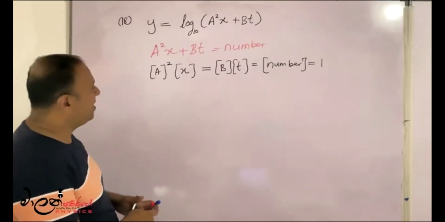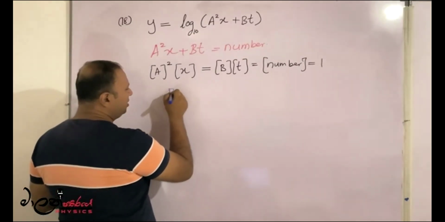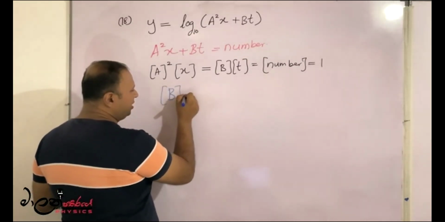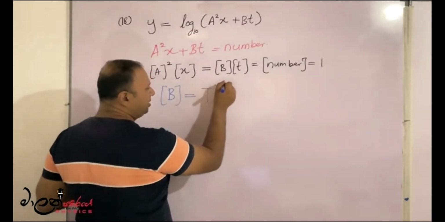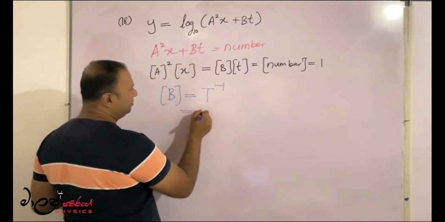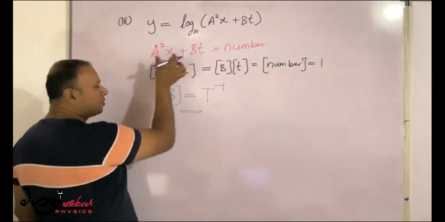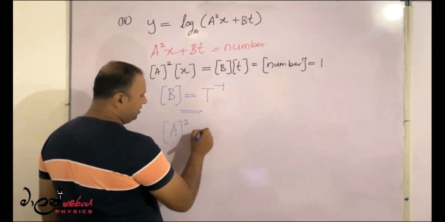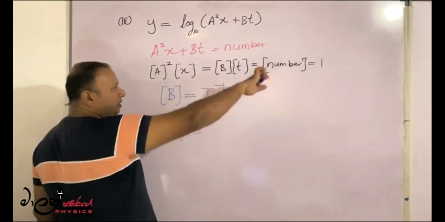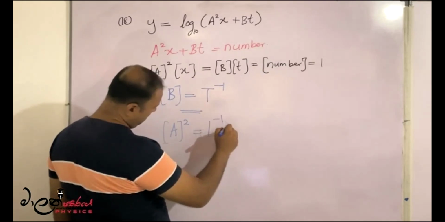Therefore, it is very clear that the dimension of B is equal to T to the power minus 1. Then the dimension of A squared is equal to L to the power minus 1.